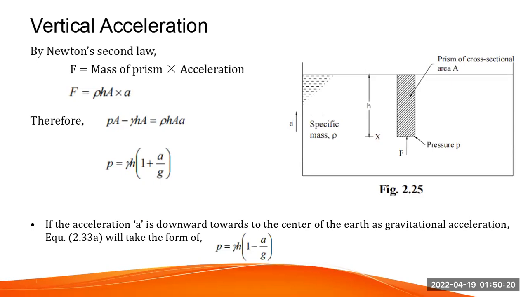Again, naging acceleration yung A natin. So therefore, equate natin yung ating mga equations ng ating forces. So pressure times area minus unit weight times height times area is equals to the rho or density ng ating liquid times height times area, and then times acceleration.